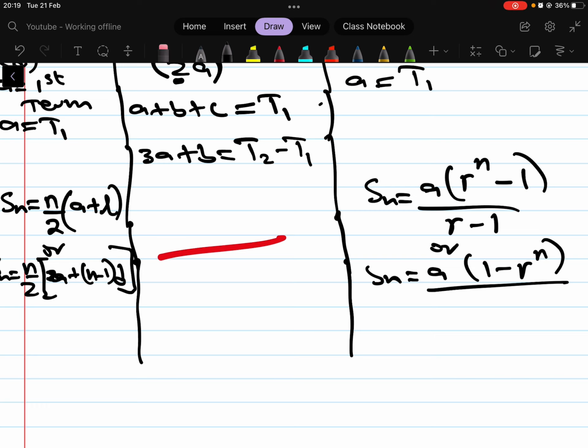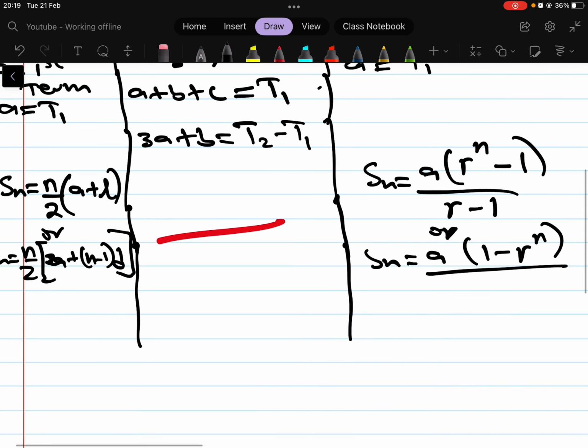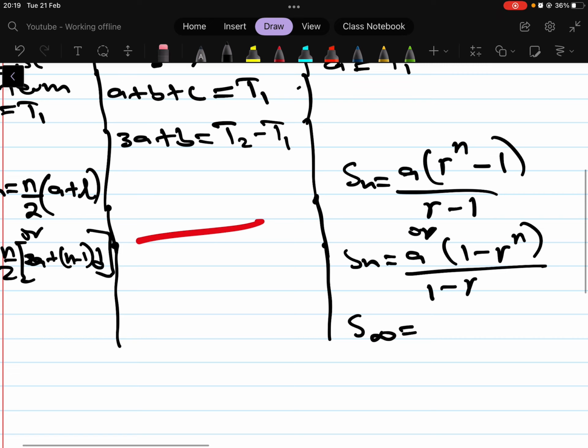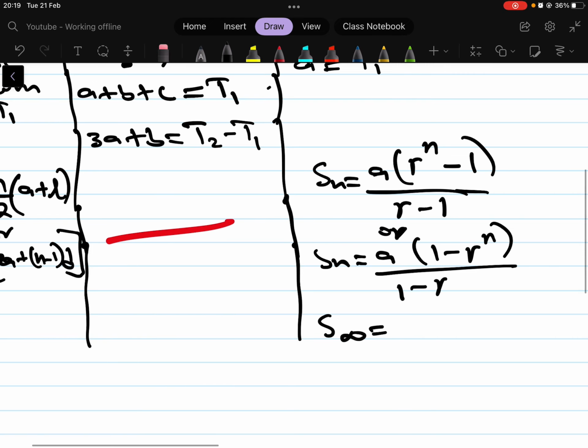But these two formulas both work the same way. However, this last one is the sum to infinity. These first two are for a finite sequence. This last one is for an infinite sequence.